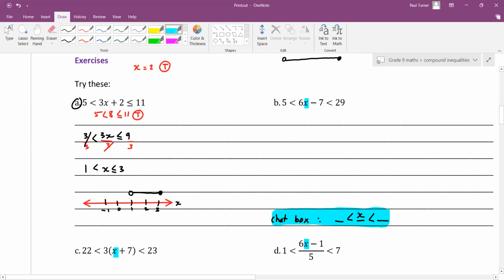Let's see what it looks like after. You may need a calculator to help, up to you. Okay, stick those in the chat.